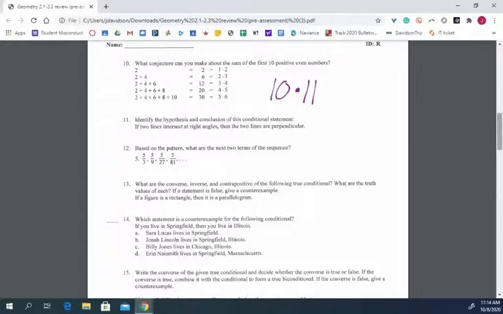Identify the hypothesis and the conclusion. So I just have to identify them. The shorthand here for a hypothesis is P. P will be just that first if part, 2 lines intersect at right angles.